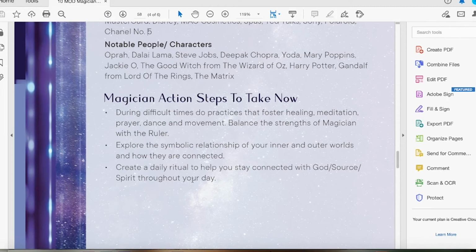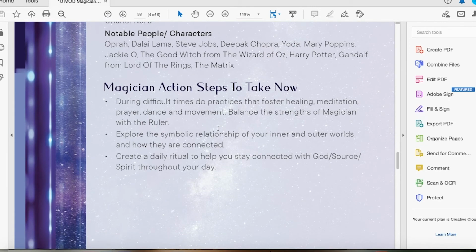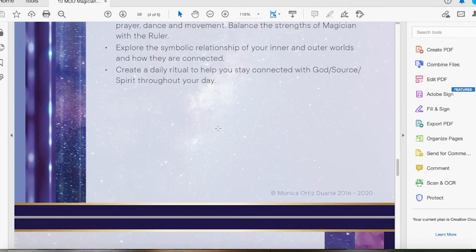And in a lot of the profiles that I have, I actually give you advice on what other archetypes you can work with to help balance your top archetype. So these are just some really helpful action steps you can take to move forward in your life, to start applying that archetype in your life and balancing its energies.